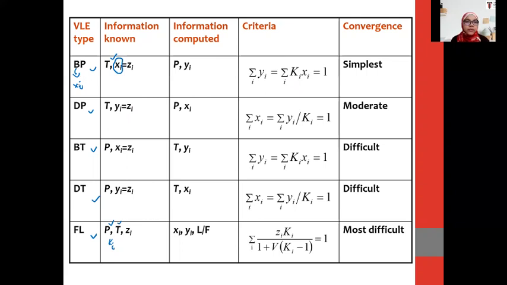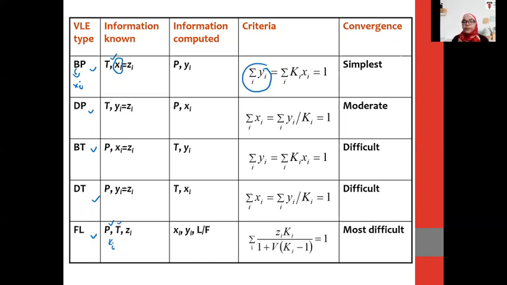For example, if it involves the bubble pressure, we need the summation of the opposite information here. So the opposite here is vapor, the summation of y equals 1. And then the same goes for the rest of the other VLE calculations.